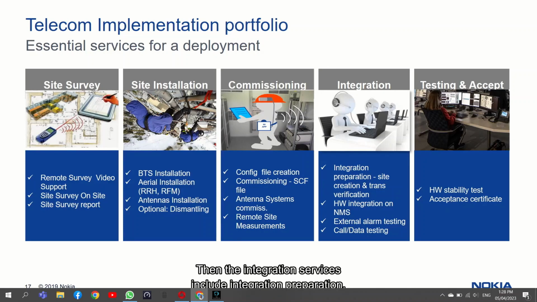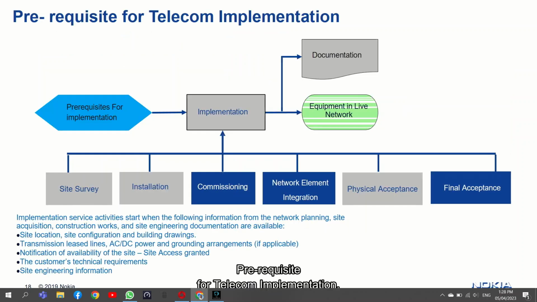Then the integration services include integration preparation, site creation, transmission verification, and hardware integration on NMS. Also, it includes external alarm testing, data, and call testing. Then, testing and acceptance includes a hardware stability test and acceptance certificate.